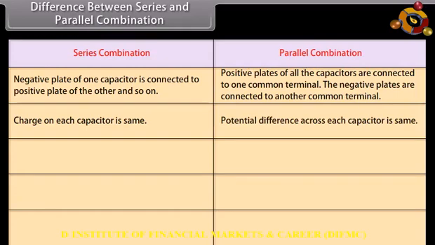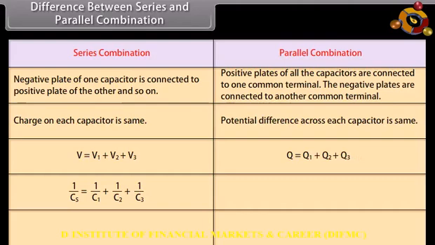In series combination, V is equal to V1 plus V2 plus V3. Whereas in parallel combination, Q is equal to Q1 plus Q2 plus Q3. In series combination, reciprocal of Cs is equal to 1 upon C1 plus 1 upon C2 plus 1 upon C3.